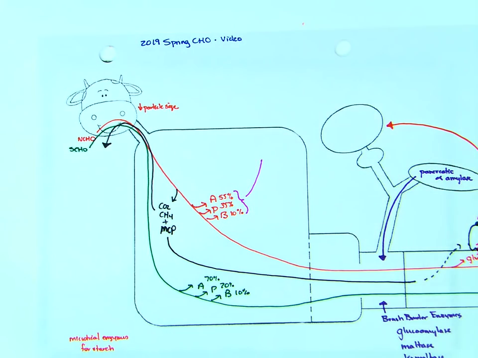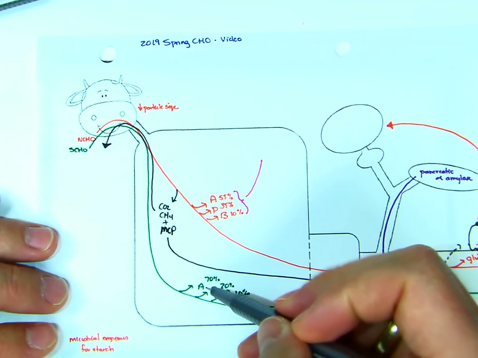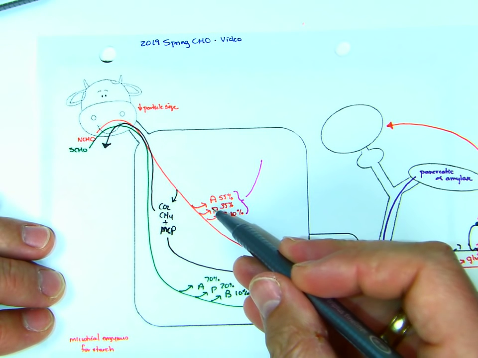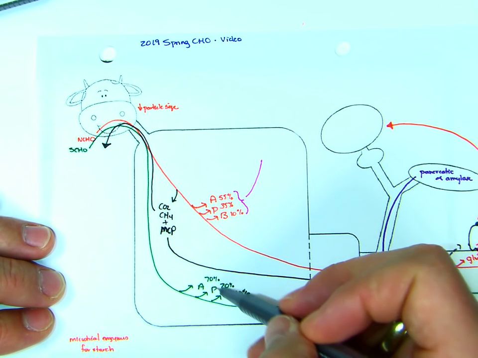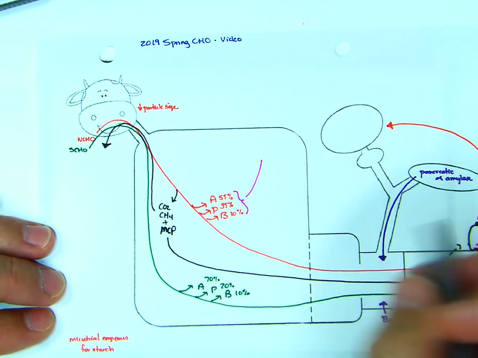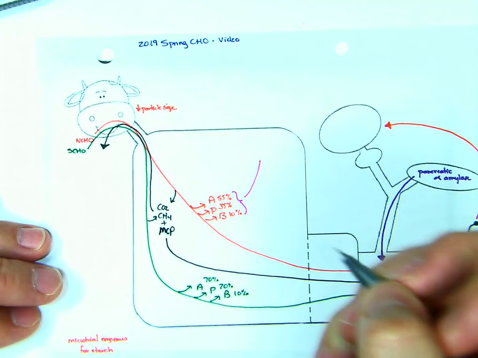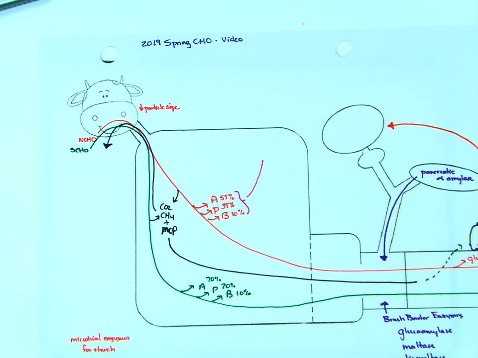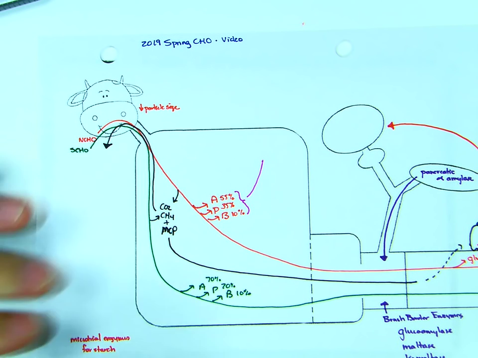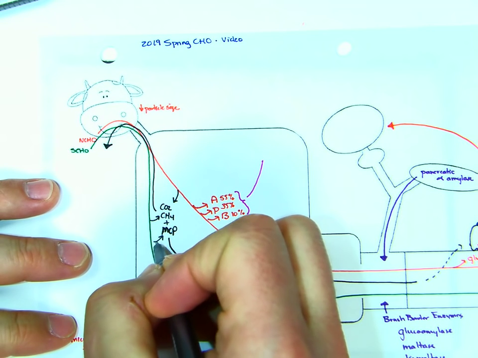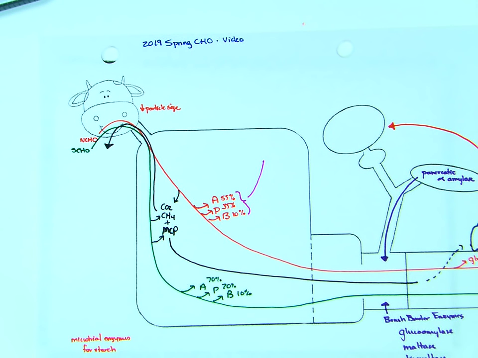Again, the numbers are probably wrong, but the idea is to get a sense of the differences, that we're producing more acetate here than when we were fermenting starch, and less propionate than when we were fermenting starch. Still going to produce CO2, CH4. We're going to produce more CH4 because we're producing more acetate, and we're also producing microbial crude protein. Probably less microbial crude protein because the extent of digestion is generally less.